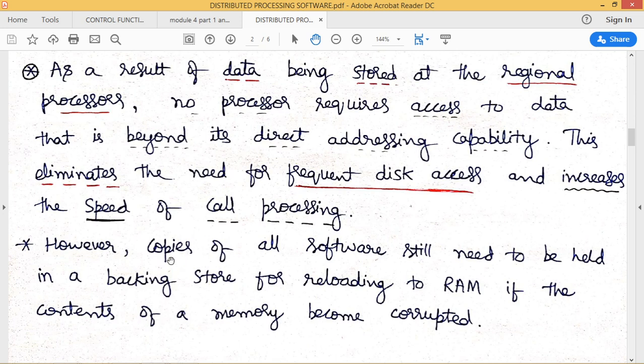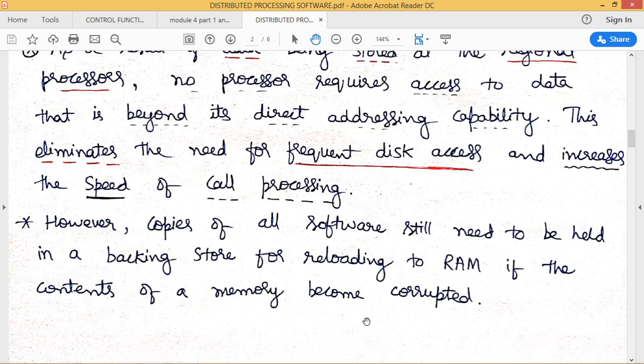However, we should make sure that copies of all software must be available inside the backing store. So each and every processor must have the copies of all software inside their memory locations, and sometimes reloading of that software into their RAM is necessary if the contents of the memory become corrupted.